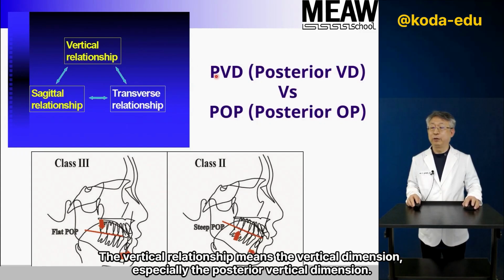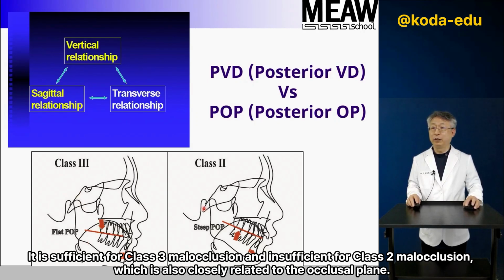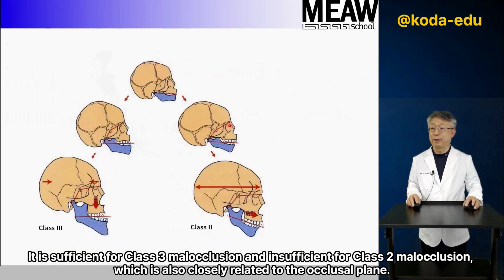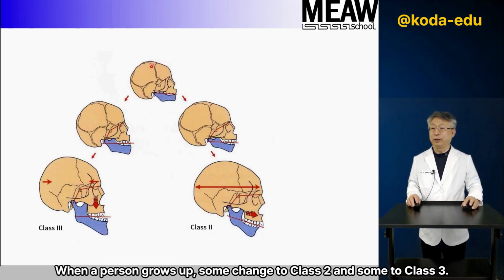The vertical relationship means the vertical dimension, especially the posterior vertical dimension. It is sufficient for Class 3 malocclusion and insufficient for Class 2 malocclusion, which is also closely related to the occlusal plane. When a person grows up, some change to Class 2 and some to Class 3.